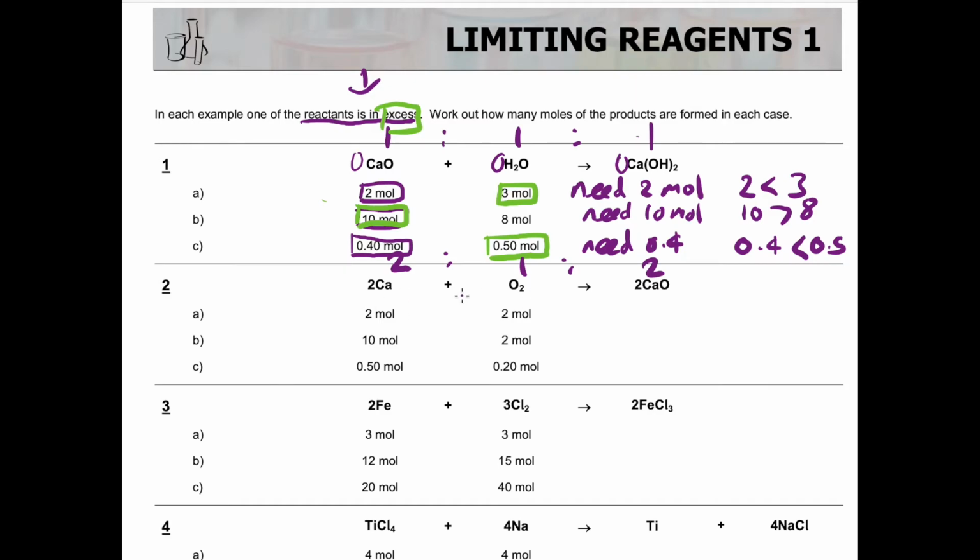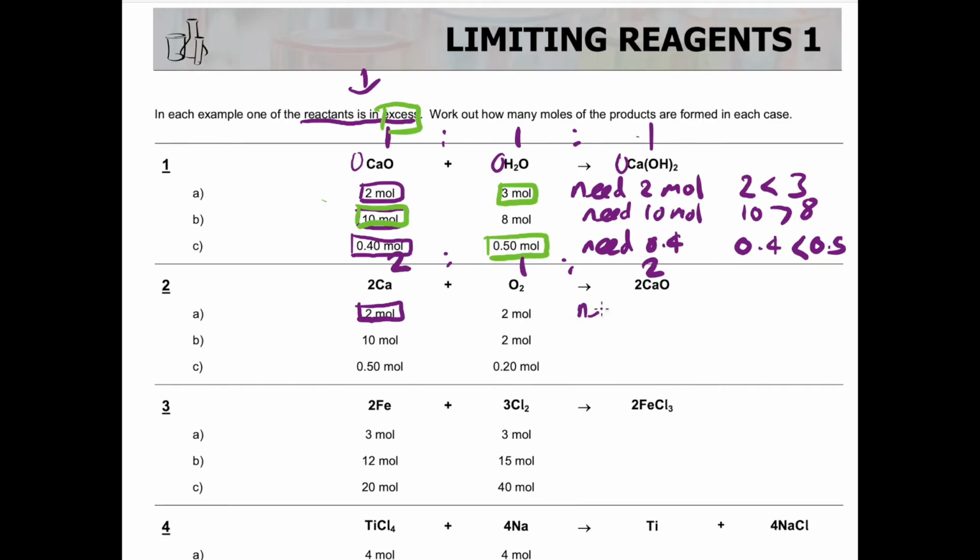Okay, so looking at the amounts of these substances, again I'm sticking with my routine of selecting the first substance in the equation, so 2 moles. So how many moles of oxygen would I need to react completely with this 2 moles of calcium? So because it's a 2-to-1 ratio, we are needing half the amount of oxygen compared to the calcium.